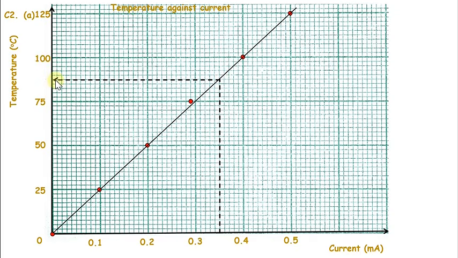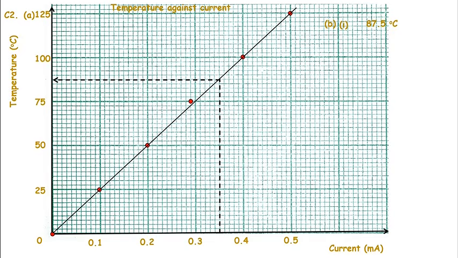So where it landed here, that's where there was B1. Where it landed there, it was 87.5 degrees Celsius.